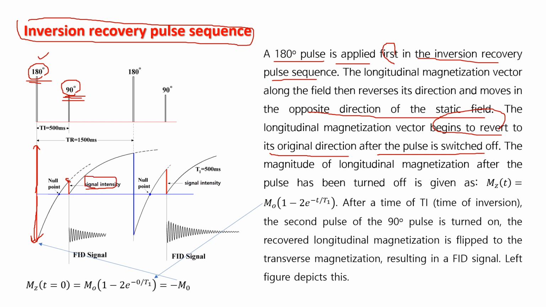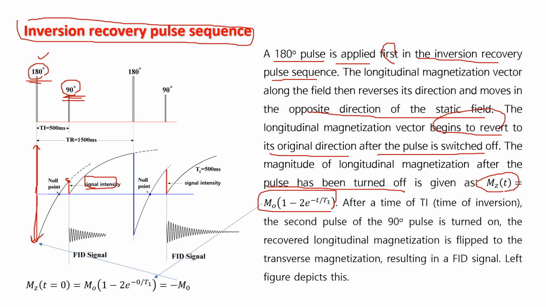The magnitude of the longitudinal magnetization after the pulse has been turned off is given as this equation.